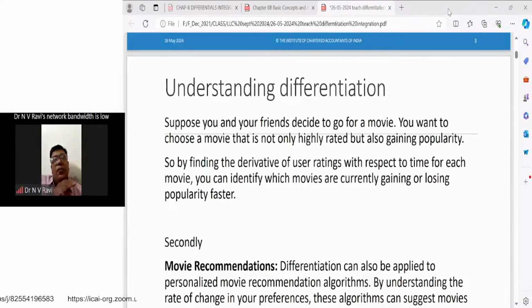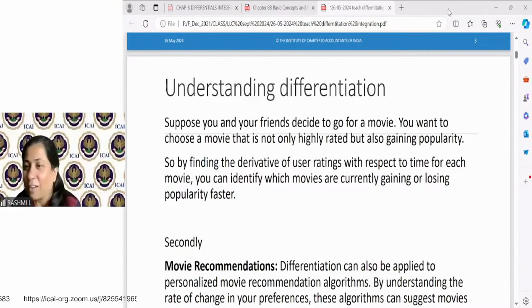Actually very simple, and there is no need to fear this topic. Differentiation 2 questions, integration 2 questions, maximum of 5 questions may be the chances. All are simple applications. If you thoroughly read all the formulas given in this study material and go through them, you can easily attempt all of it. Over to Rashmi madam. Thank you, sir.